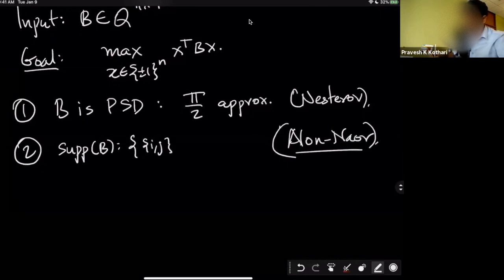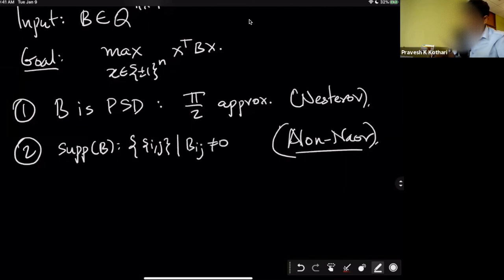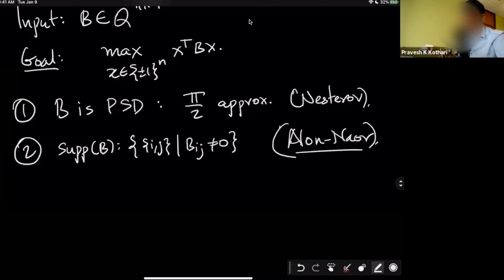And so it's the set of all ij's such that b_ij is non-zero. And what Alon and Naor observed, and we'll do this part also in detail today, is that when the support of B is a bipartite graph, then even if B is not positive semi-definite, as long as the non-zero entries of B form a bipartite graph, you can again get a fixed constant factor approximation.